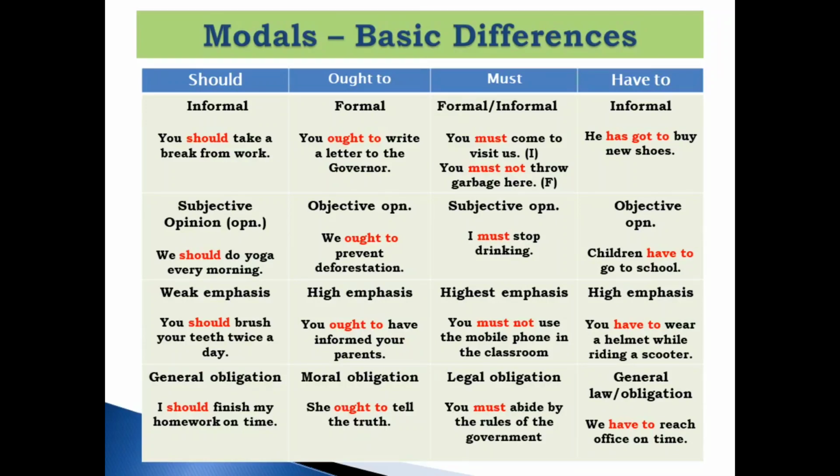Must is used in both formal as well as informal speeches and situations. Should and must express a subjective opinion, which means a personal opinion. Ought to and have to, on the other hand, express an objective opinion, which means a general or public opinion.